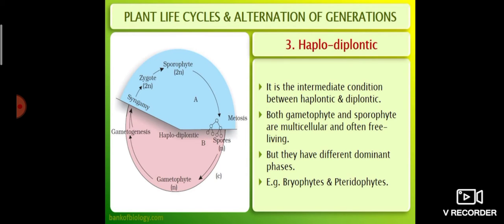Both gametophyte and sporophyte are multicellular and often free living, not interdependent on each other, but they have different dominant phases. Examples: bryophyte and pteridophyte are the examples of the haplodiplontic life cycle.